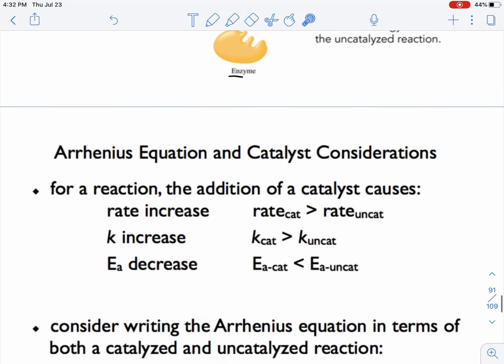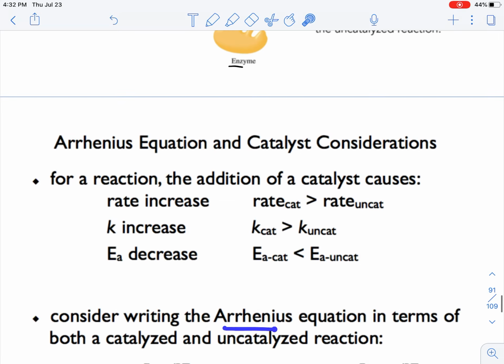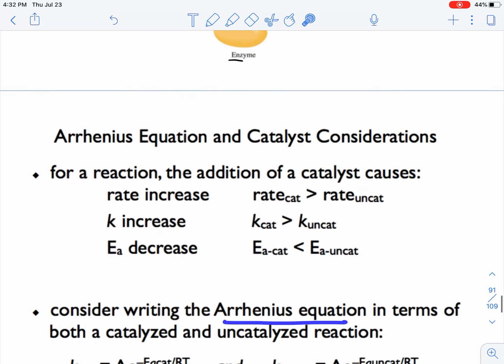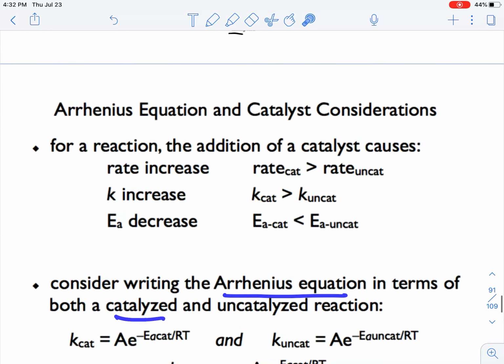And so we can go ahead and quantify the changes in activation energy by incorporating the Arrhenius equation. We can do so by writing the Arrhenius equation for both the catalyzed and uncatalyzed reaction.